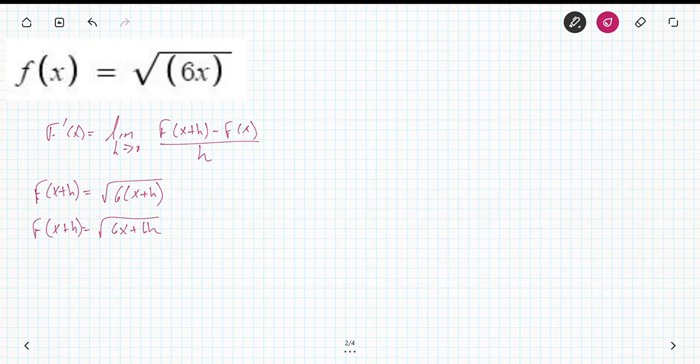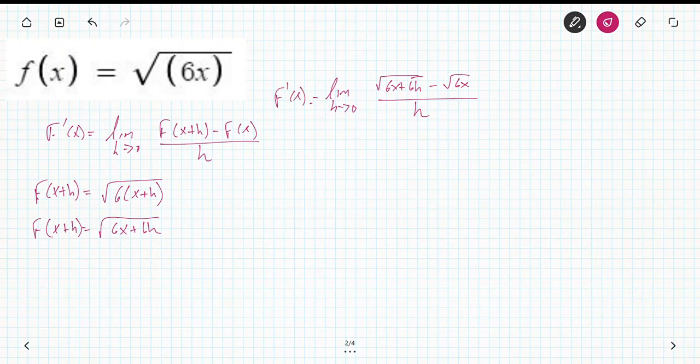Okay, so now that we have that, you just plug it into your formal definition. So the limit as h approaches 0 of the square root of 6x plus 6h minus the original square root of 6x over h. Okay, and this will be equal to f prime of x.